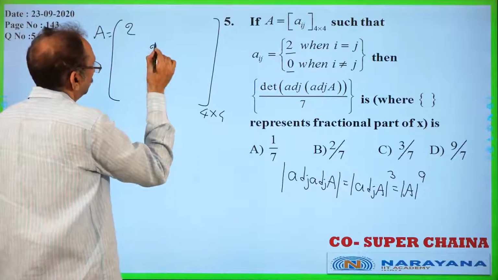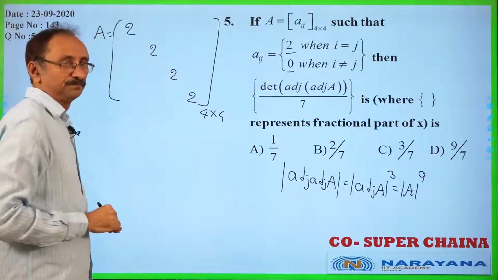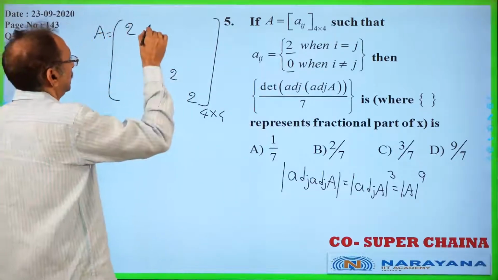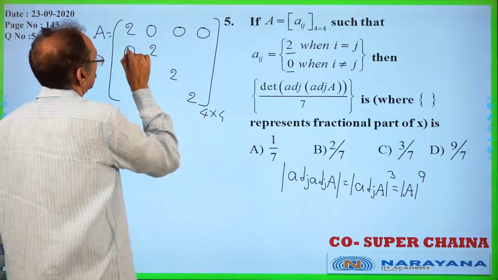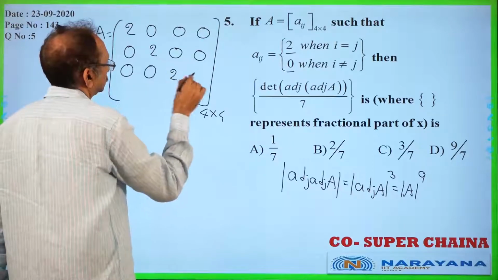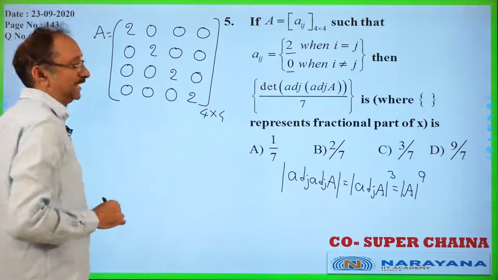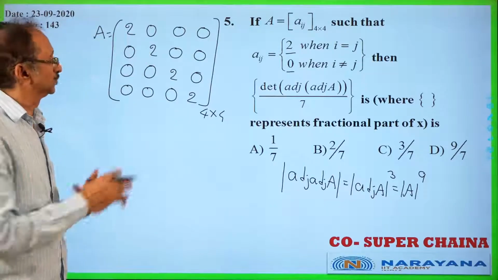Second row, second column 2, third row, third column 2, fourth row, fourth column 2. And the remaining all elements are zeros. In the first row, the remaining 3 elements are zeros, in the second row also zeros, in the third row and the fourth row also. All the remaining elements are zeros. Only diagonal elements are equal to 2. So this is capital A.